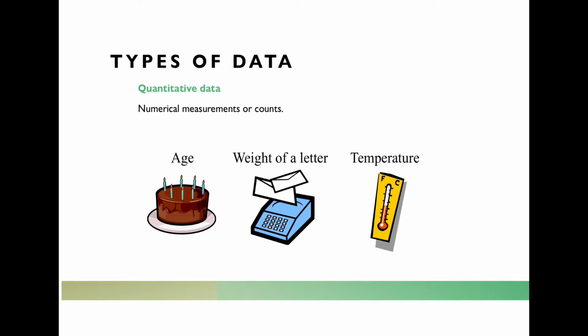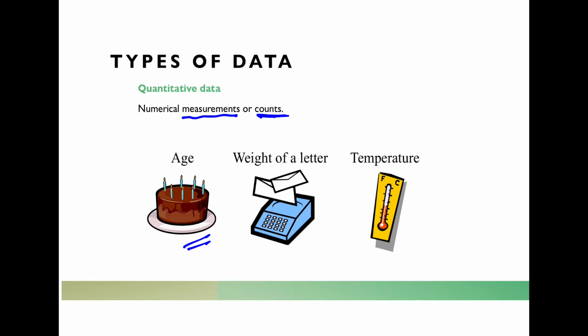The other category we always just call quantitative data. It consists of either measurements that we've taken or counts. So age could be a measurement. It could also kind of be a count of the years, depending on how specific we want to be. If we wanted to, we could take age up to the hour, minute, second of somebody's life, right?